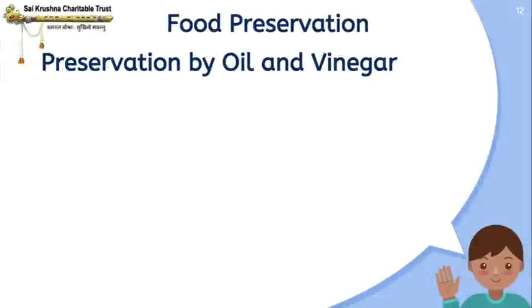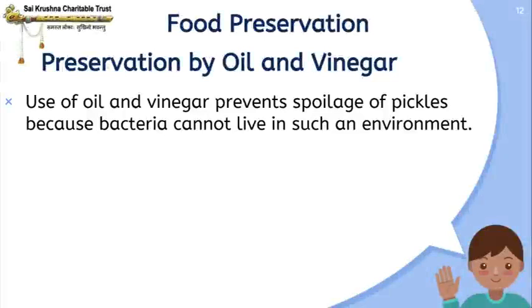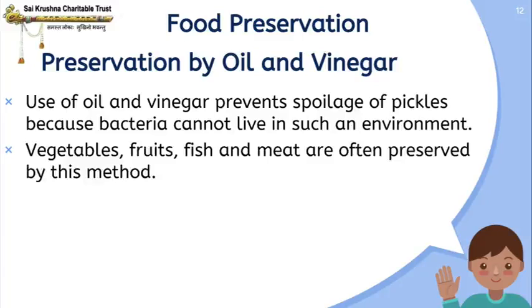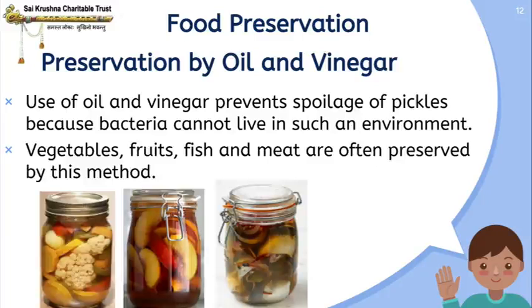Preservation by oil and vinegar. Use of oil and vinegar prevents spoilage of pickles because bacteria cannot live in such an environment. Vegetable, fruits, fish, and meat are often preserved by this method. This is a very common method of preserving food using oil and vinegar.